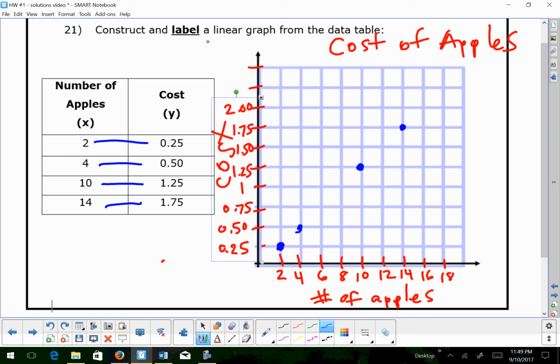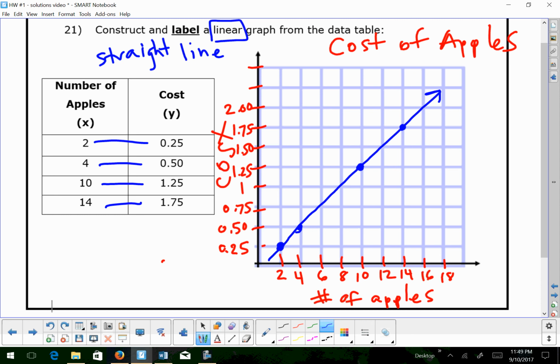And it did say that I was going to construct and label a linear graph, which is a graph that is a straight line. And it appears as though my data has come out straight. So I've got to make sure that this goes all the way to the origin, but I can't draw it past here because there's no such thing as negative apples and negative money.